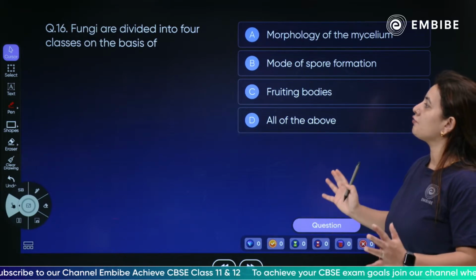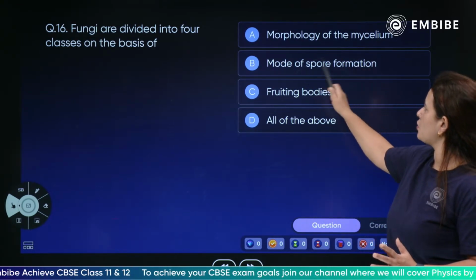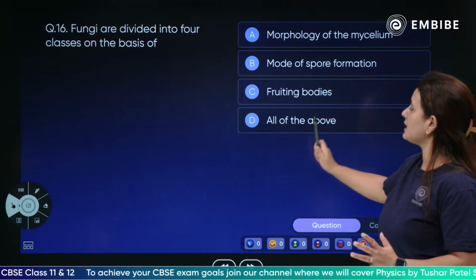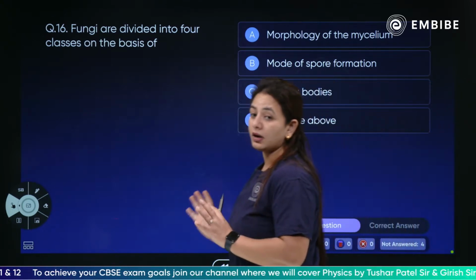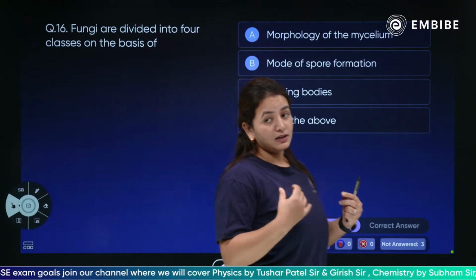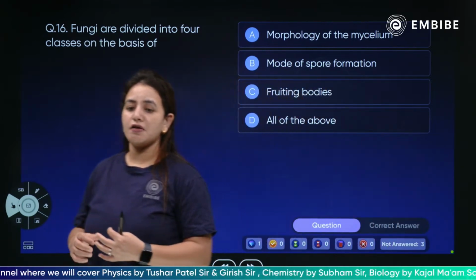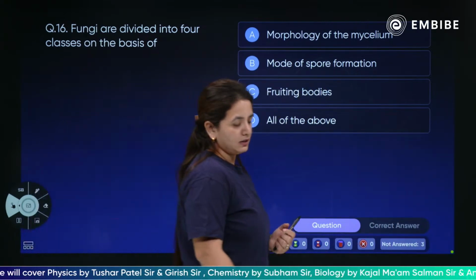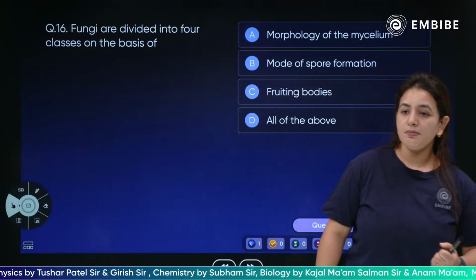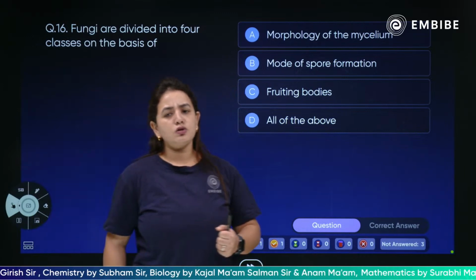Fungi are divided into four classes on the basis of morphology of the mycelium, mode of spore formation, fruiting bodies, or all of the above. Not a general question which we have solved, but more precise: which is the basis of the classification in fungi? Come on, quickly answer. This is also very easy.